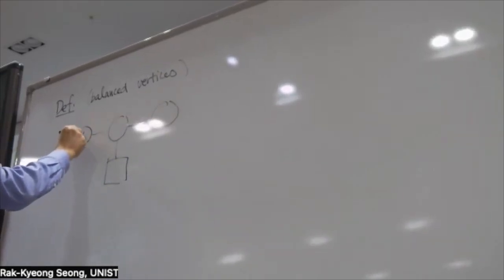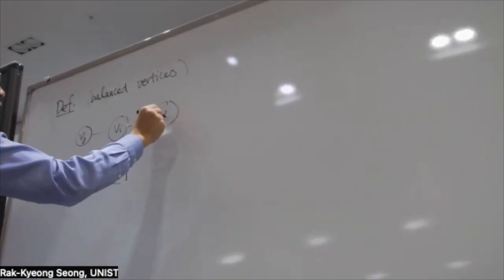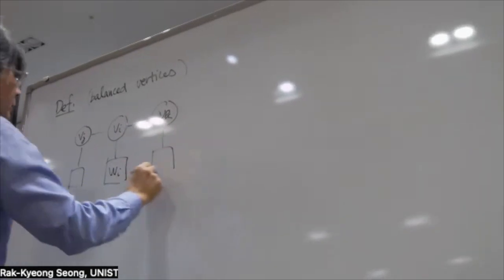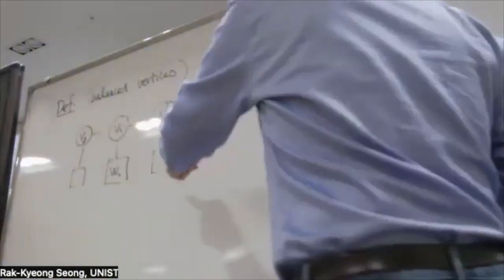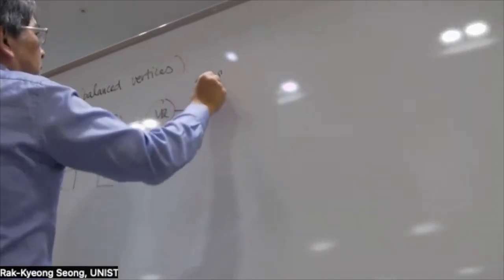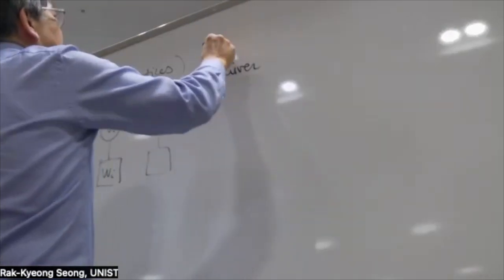So we have Vj and I. This might have framing. So this circle is framing and circle square is framing. This could be called framed equirepresentation.